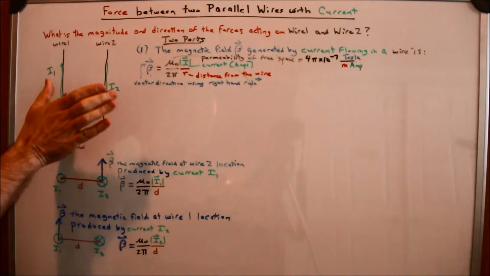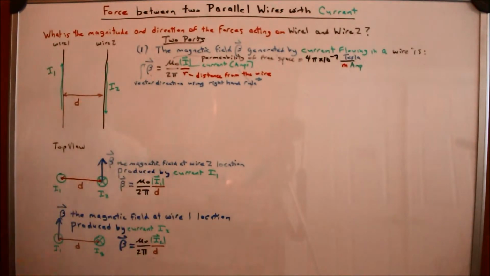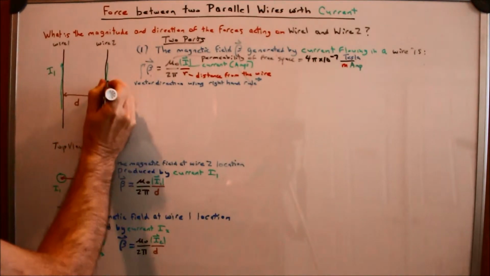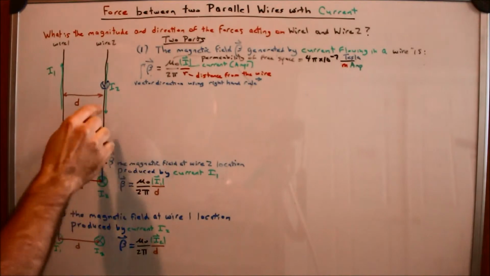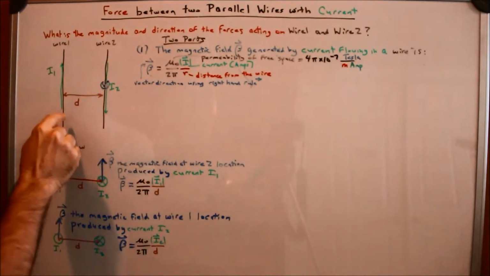So if I put my current there and spin, the magnetic field direction for B at that location is into the board. And from the top view, that looks like this. So it's into the board there.